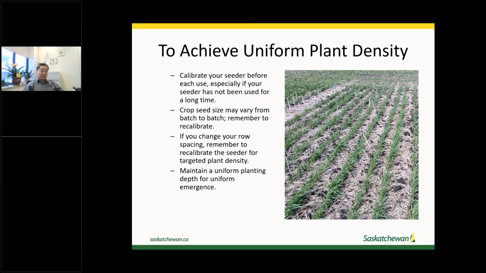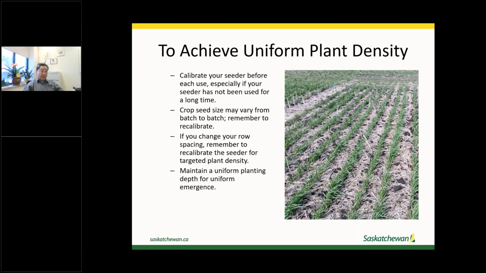If you change your row spacing, remember to recalibrate the seeder for the targeted plant density. Here is an example. If you change the row spacing from 10-inch to 8-inch, without calibration, it can cause an increase in seeding rate by 20 to 25%.